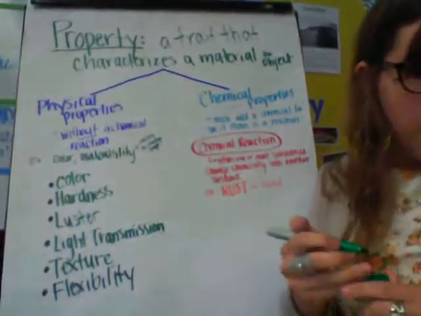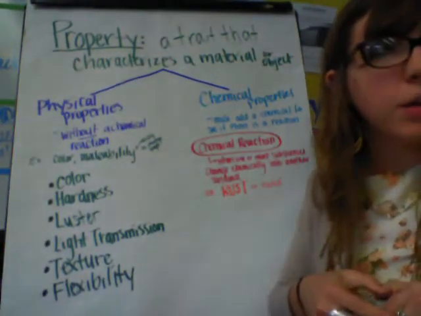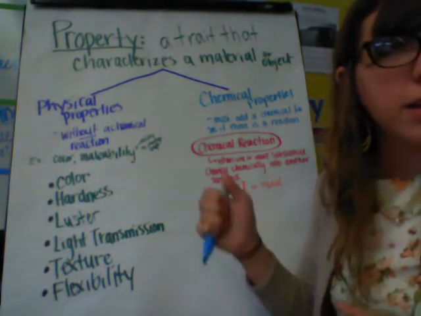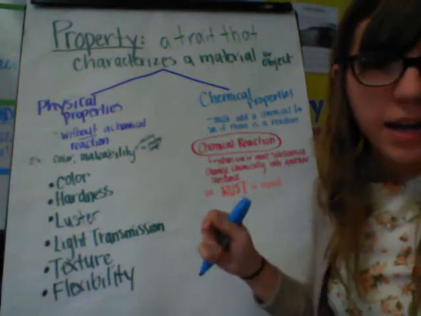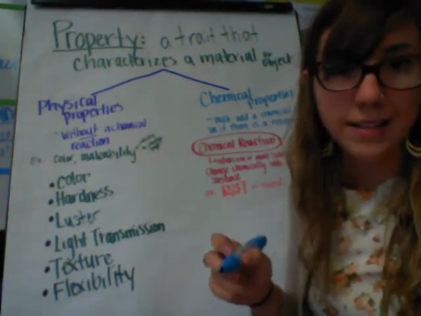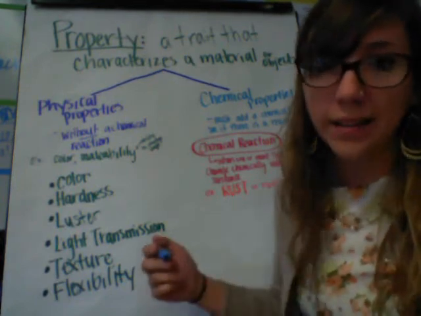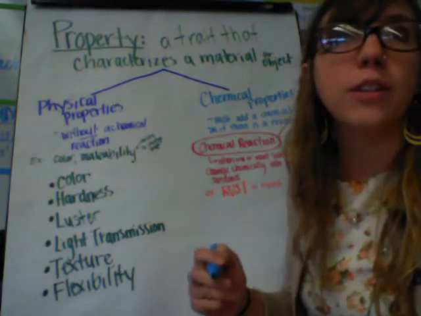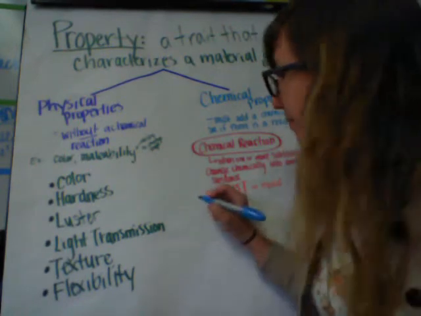Okay. We're also going to be dealing with a chemical property. The chemical property that you're going to be looking at today is your substance's reaction with hydrochloric acid. And you're just looking at, does it react? So the question then is, is there a chemical reaction or not?